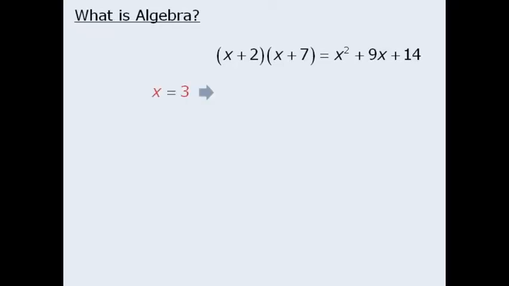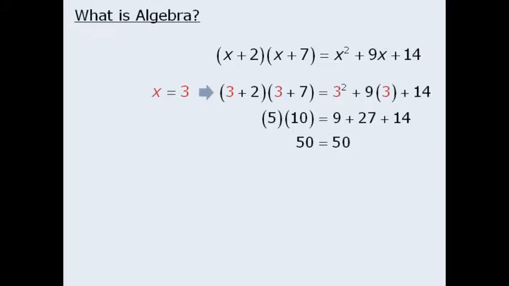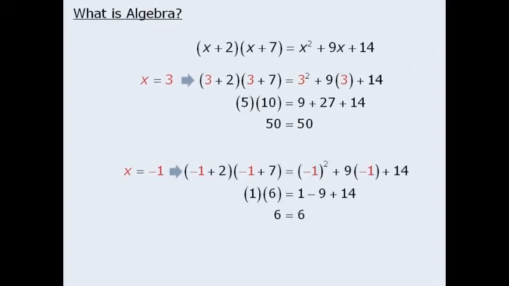For example, when x equals 3, the evaluation of (x plus 2) times (x plus 7) must equal the evaluation of x squared plus 9x plus 14. In this case, both expressions evaluate to be 50 when x equals 3. Similarly, if we let x equal -1, both expressions evaluate to be 6. And in general, both expressions will have the same evaluation for every possible value of x.